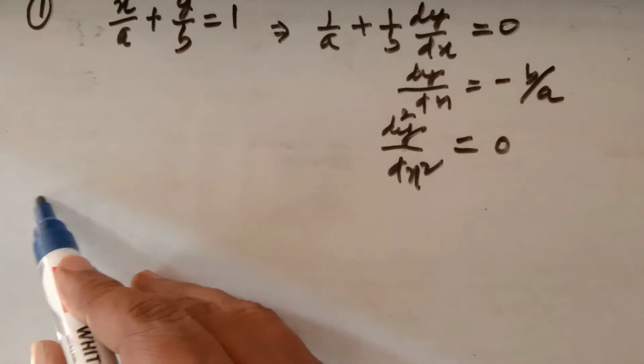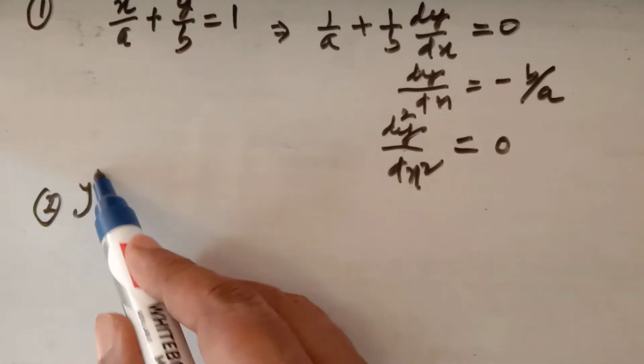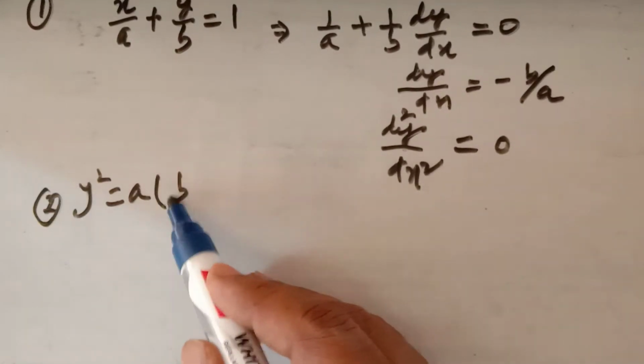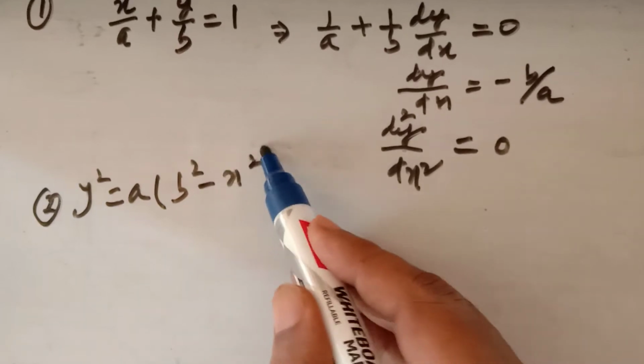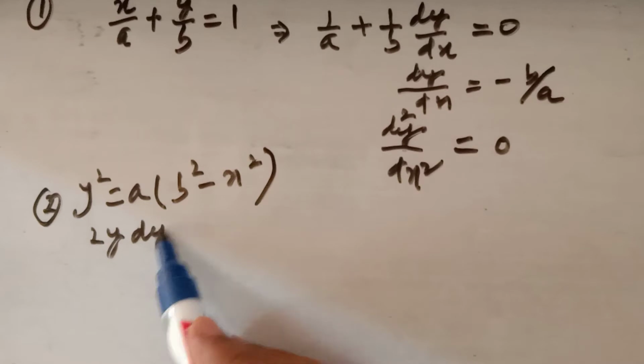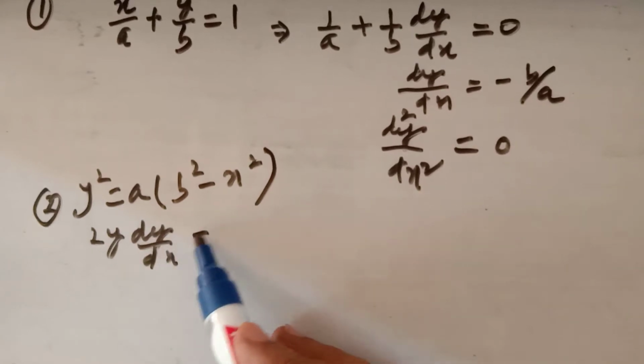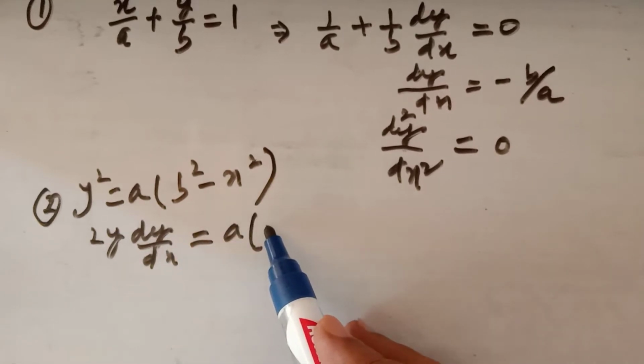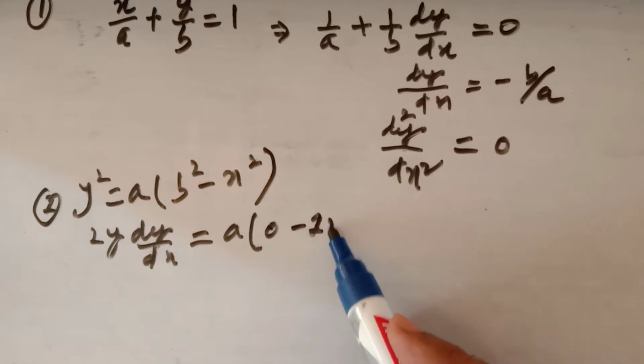So let us take another. We have y square is equal to a times (b square minus x square). So differentiate it once, 2y dy/dx is equal to a times (the derivative of b square is 0, minus 2x).